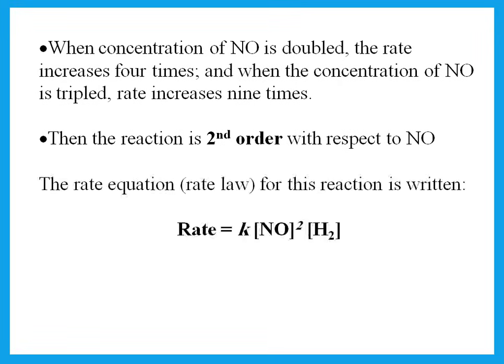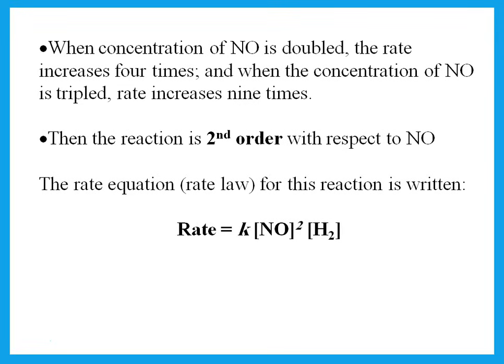Now, first order with respect to hydrogen and second order with respect to NO, this is the rate law. We say rate equals a certain constant, which we call the rate constant, and we refer to it as K. We said it is second order with respect to NO, so we say it is concentration of NO squared, or to the power 2, times concentration of hydrogen to the power 1, because we said it's first order.